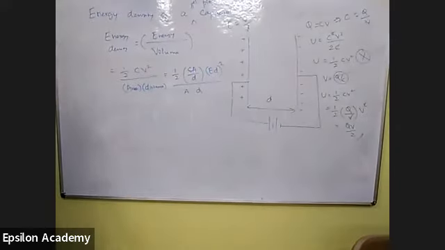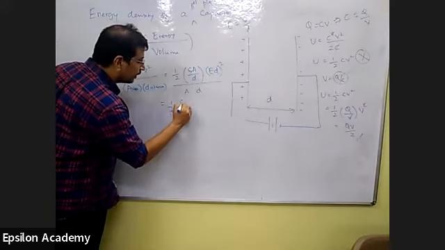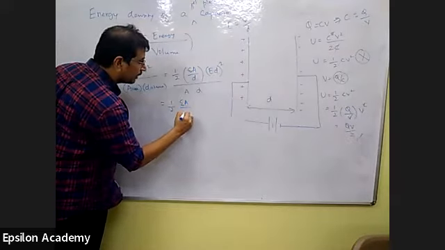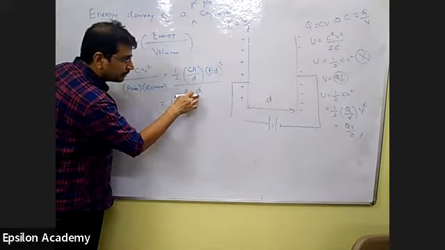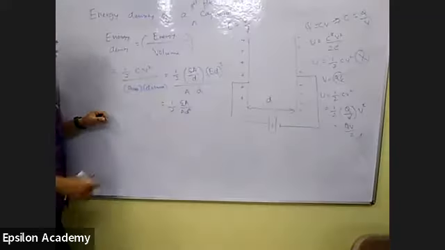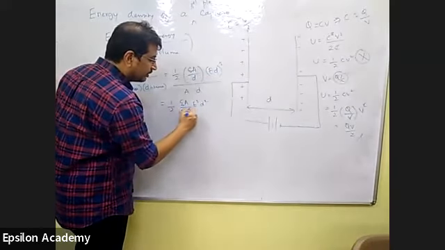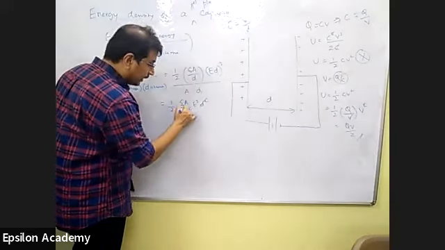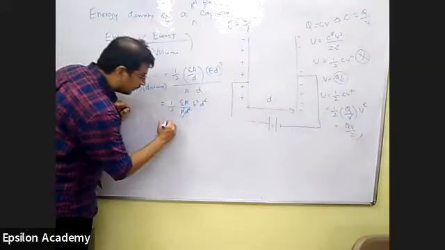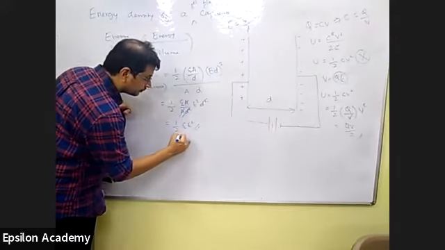Any doubt, guys? Is it clear? Right. So this will become half into epsilon naught A divided by D, this D will get multiplied with this D and it becomes D square, into this becomes E square D square. So D square and D square are gone, A and A are gone, and this value will be half epsilon naught E square.